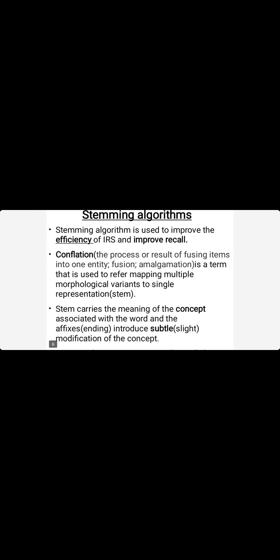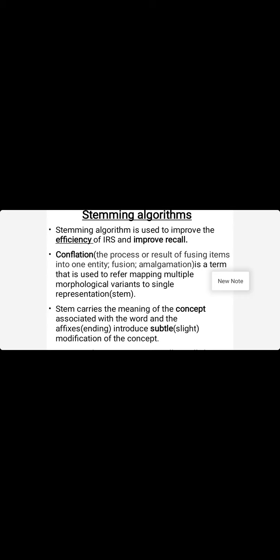Next, stemming algorithms are used for improving the efficiency of the information retrieval system and improving the recall. In that we come across a word called conflation. What do we mean by this?